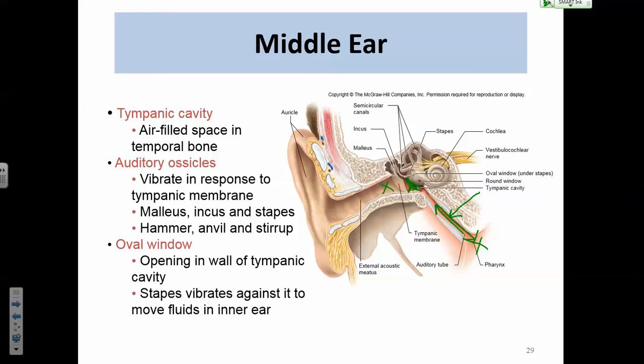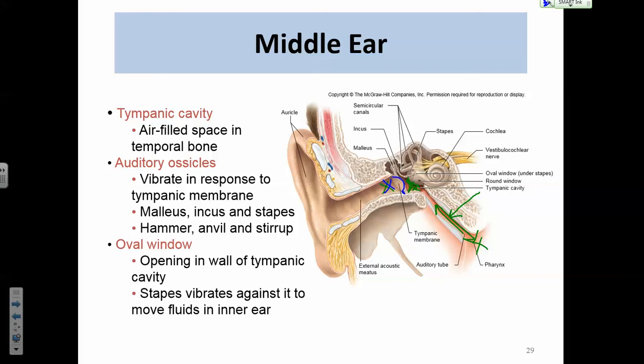Okay? And so if you think about it, if the air pressure is equal on both sides of the tympanic membrane, that means the tympanic membrane is not being pushed more in one direction than the other, and so it's as flexible as possible. But if the air pressure was, say, higher out here, do you see how that would push on this and it wouldn't be as flexible?